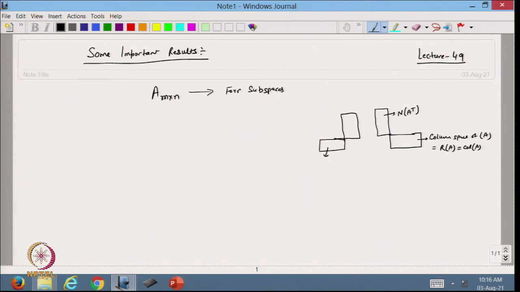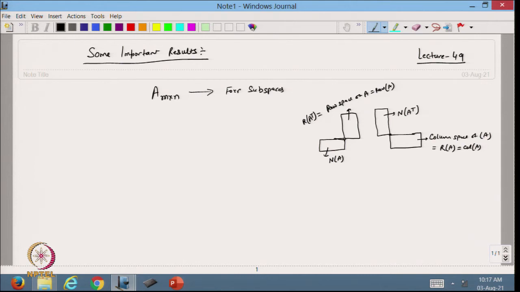Now this one I write as the null space of A, and this I am writing as the row space of A, which is also equal to the range space of A transpose. So in short form, I can write this as the row space of A, and the point of intersection is this one.